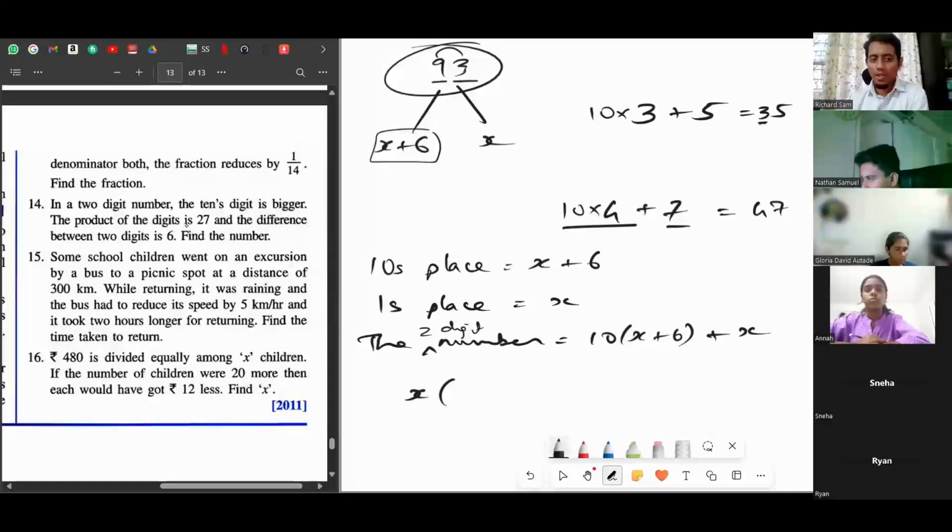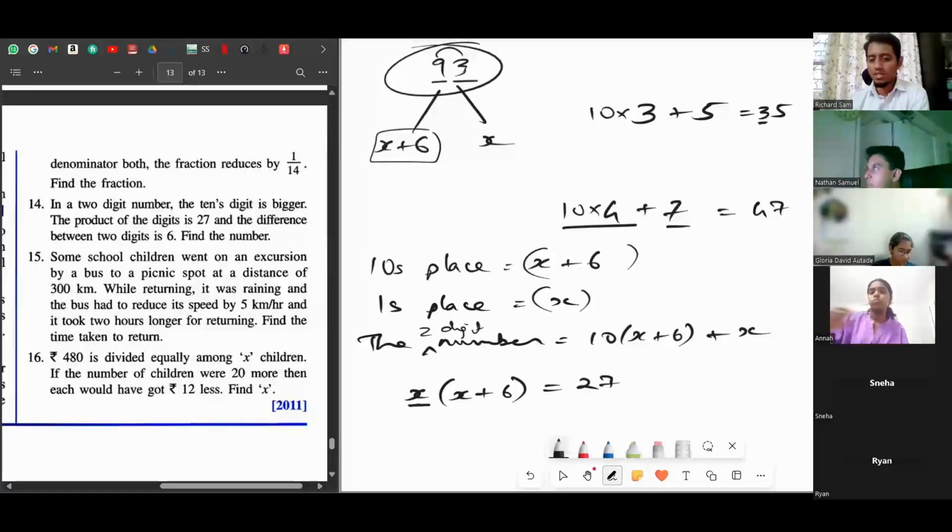The product of the digits. See, x plus 6 is your tens place, and x is your ones place. The product of these digits is what? 27. So x into x plus 6 is equal to 27. Is that clear, everyone?